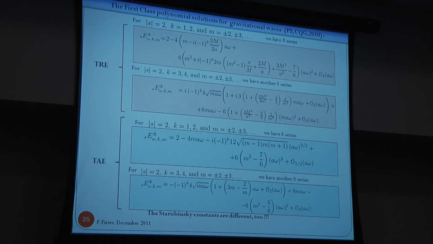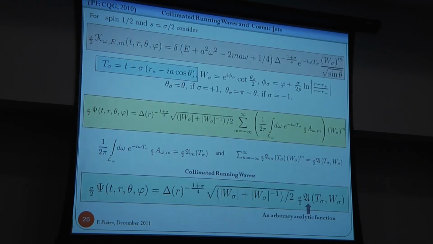In contrast, for the gravitational case, we have two independent constants and we have no continuous spectrum. So following the Teukolsky equation, we can say that there is a big difference between jets from some object. If we are considering neutrino jets or electromagnetic jets, we will have no such jets in the gravitational sector.